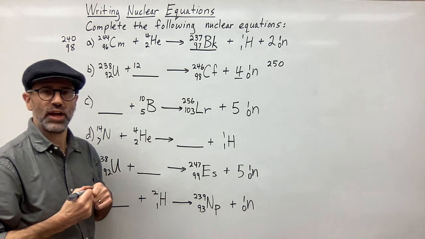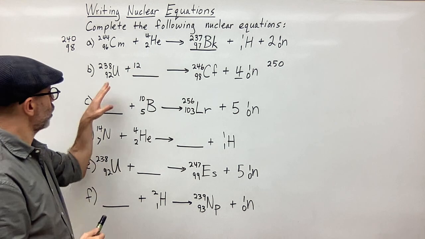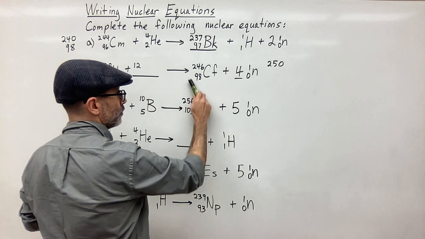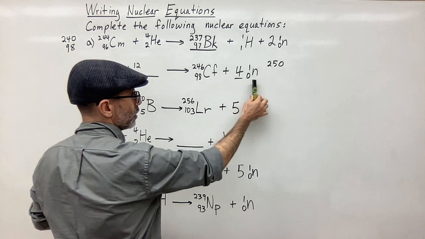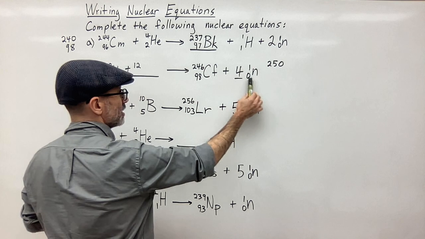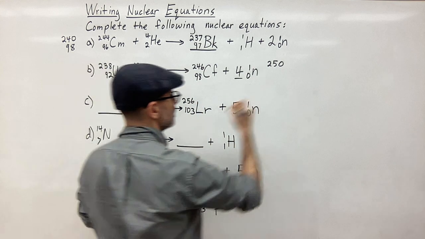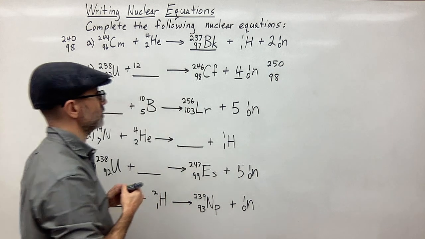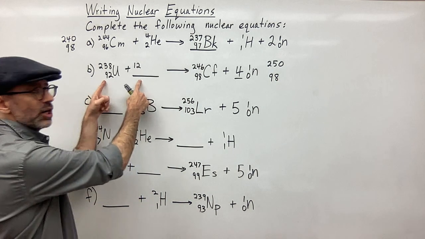And now we can do the same thing for the bottom number. So the total here, again, is going to be 98 for the bottom here, plus the 4 neutrons. So 4 times 0 is 0, and 0 plus 98 is 98. So the total is 98, which means that the total here should be 98.